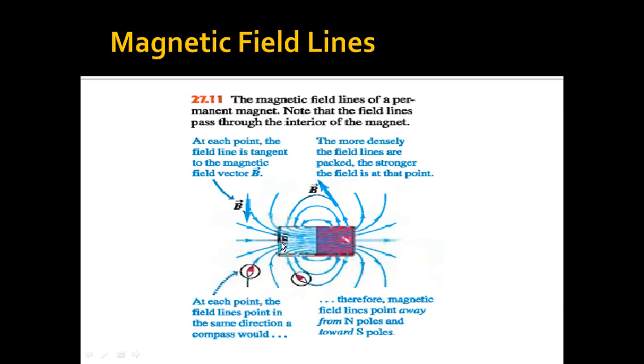Unlike the electric field lines, remember when we presented it during the discussion on electric fields: for positive charge, the electric field is pointing radially outwards in all directions, while for negative charge, the electric field lines are pointing towards the negative electric charge, pointing inwards in all directions.